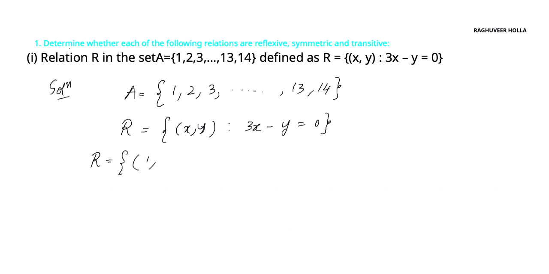When x is equal to 2, you get 6, and this is 3 and 9, and 4 comma 12. So these are the pairs in the relation. Now under this relation, we have to check whether it is reflexive, symmetric, or transitive.